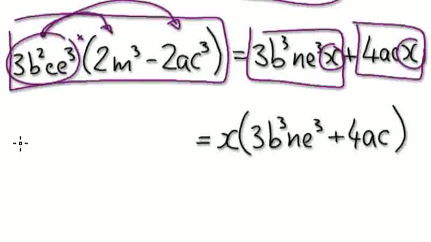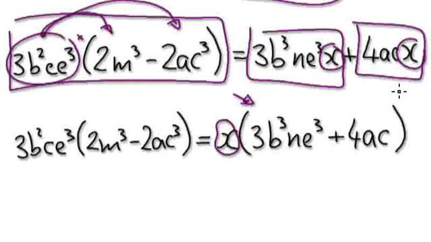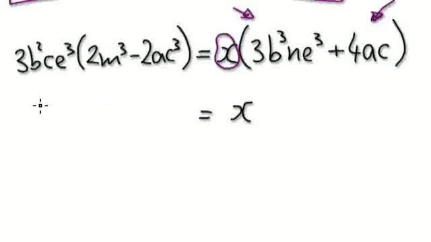On this side it remains the same, don't forget: b squared c e to the power of 3, bracket 2m to the power of 3 minus 2ac to the power of 3, close it off. So now visualize as this bubble multiplying this bubble here. So let's divide both sides by this bubble here. On the right hand side it will be just x.